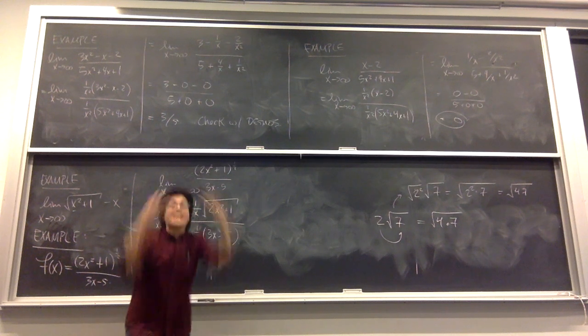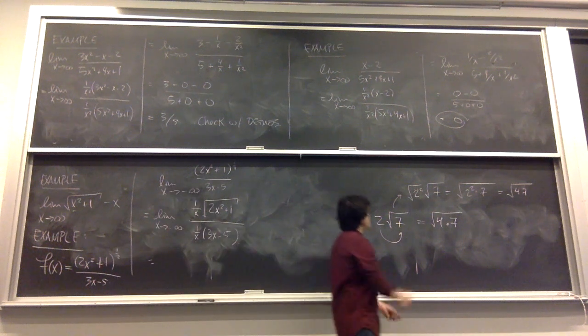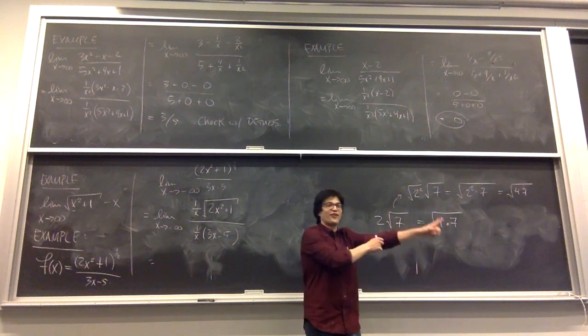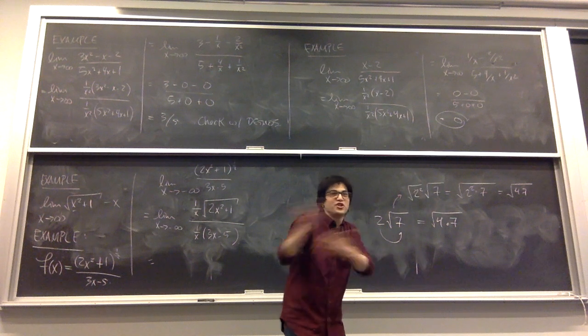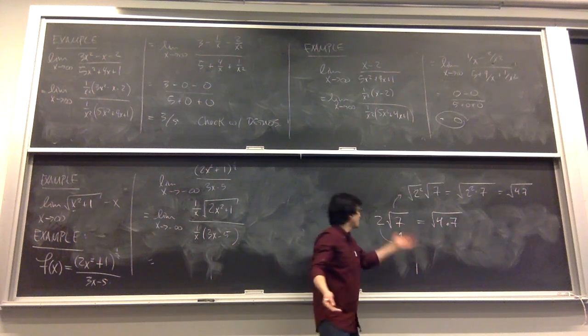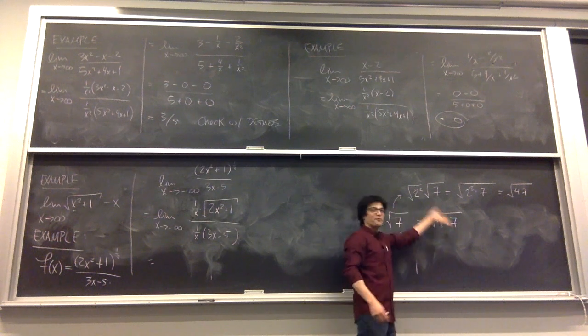Oh my God, that's the same thing. What do you mean you can't reverse it? So you know how to do this. If we teach you to do something one way, you don't need permission to do it the other way. This is an equal sign. You can move either way.